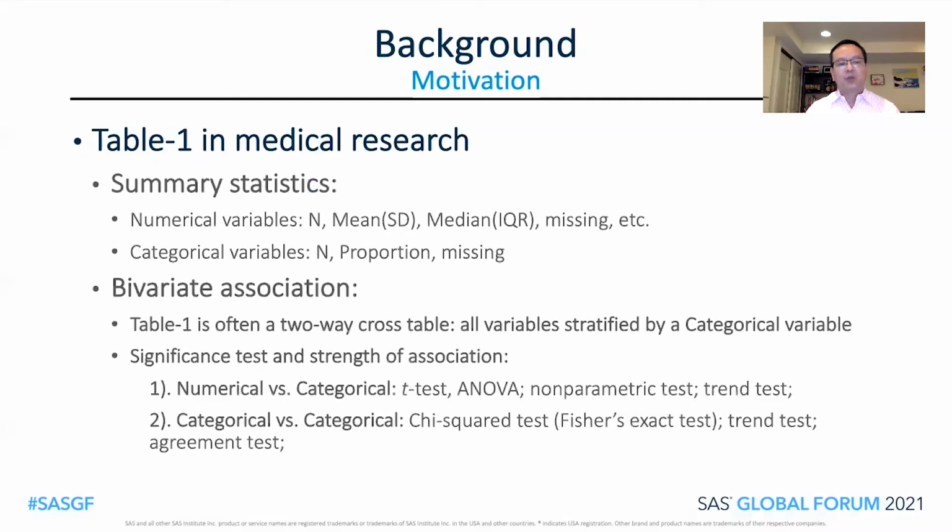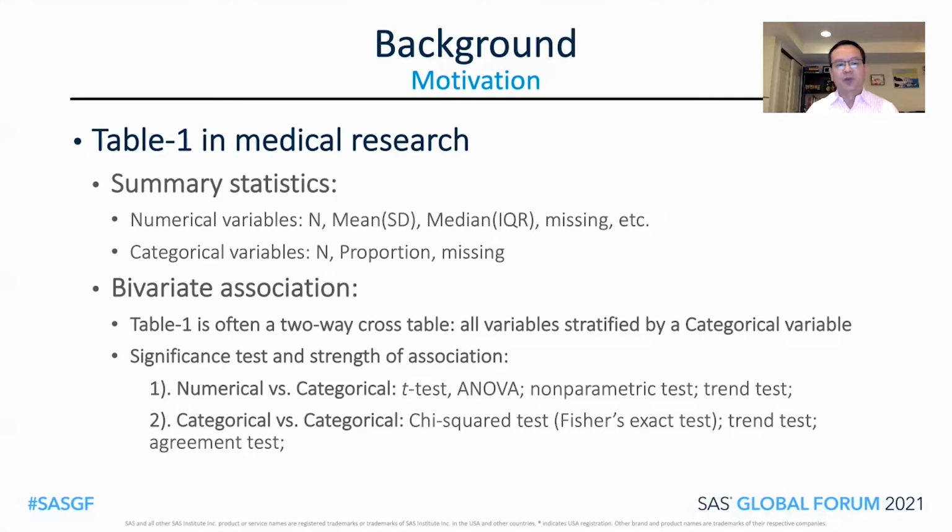And this table one usually is a two-way cross table, and all the variables are stratified by a grouping variable, usually a categorical variable. And then this table is often not just for summary statistics, but also provides bivariate association information.